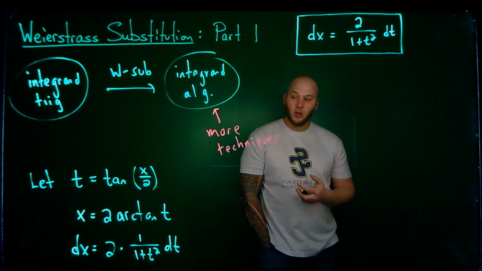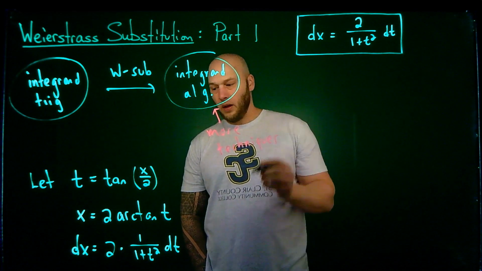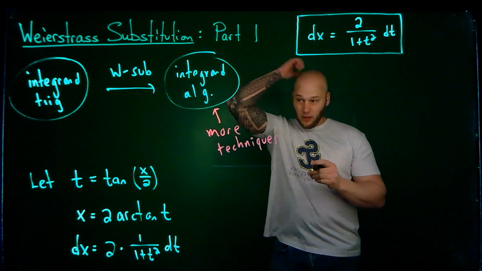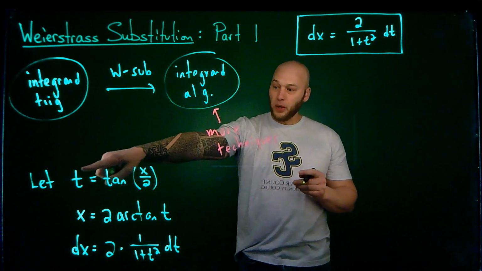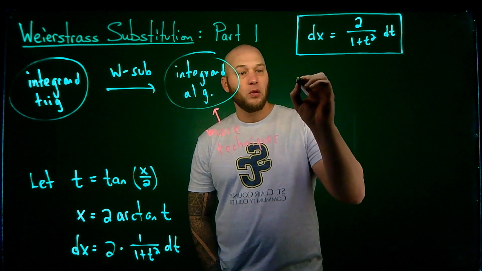Now from here, let's find the sine and the cosine. Let's do the cosine first. In order to find the sine and the cosine, let's use this original substitution to create a triangle.